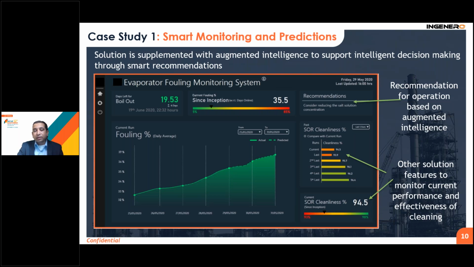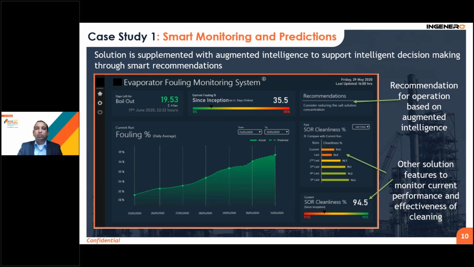It also helps to identify the deviations, identify what's happening, whether the current performance is good, identify the KPIs of this, and along with that, have smart recommendations and augmented intelligence provided to operations on a real-time basis.